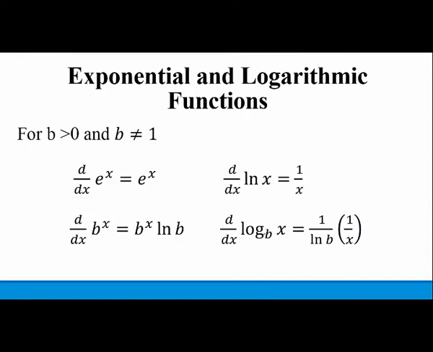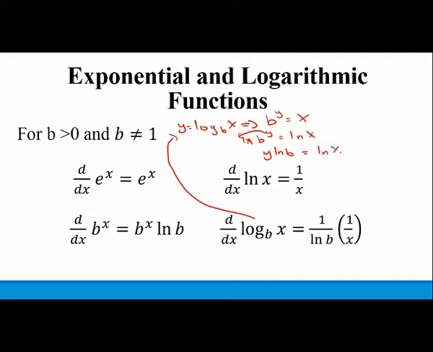Next is log base b of x. How do you get that? It is 1 over ln b times 1 over x. Let's say y equals log base b of x. It can also be transformed into b to the power of y equals x. Then I take ln of both sides, and the y at the power can move to the front: y ln b equals ln x.